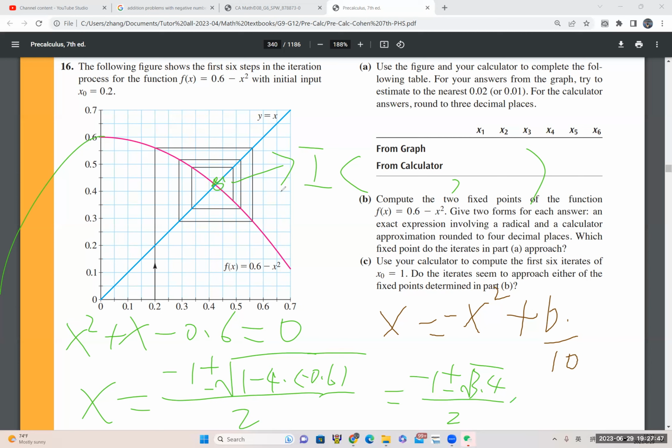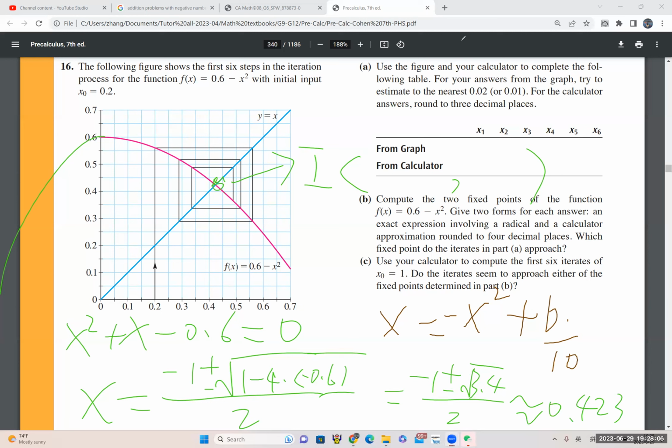It's about, right. Yeah, I got 0.422. But yeah, same thing. Okay, I got the same thing.